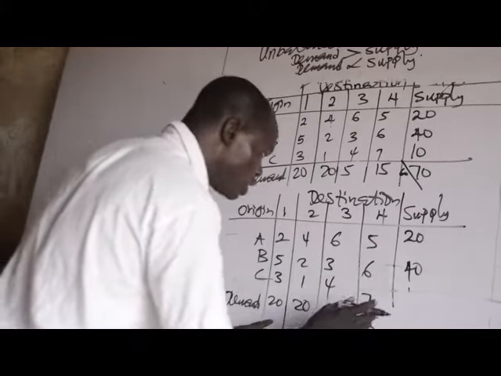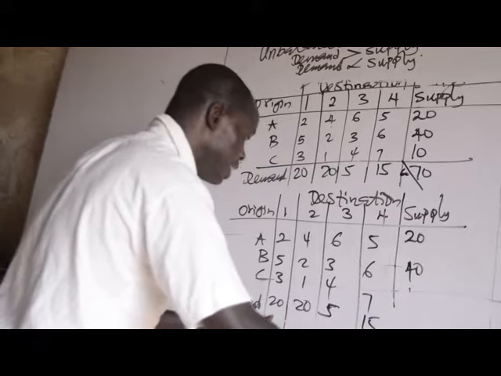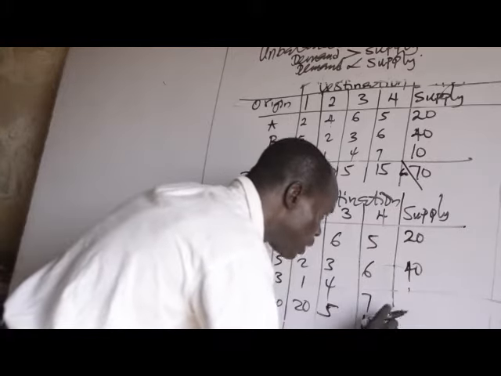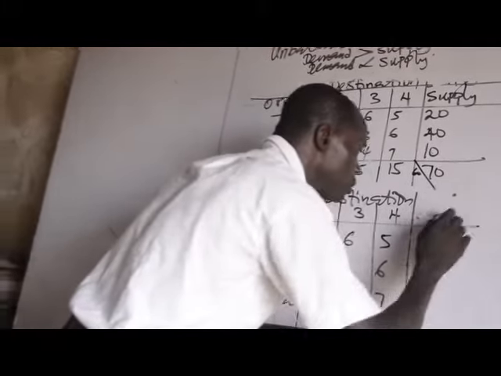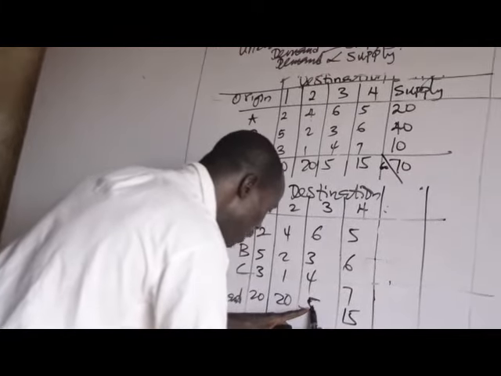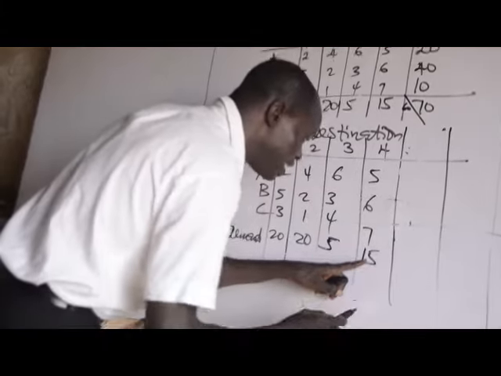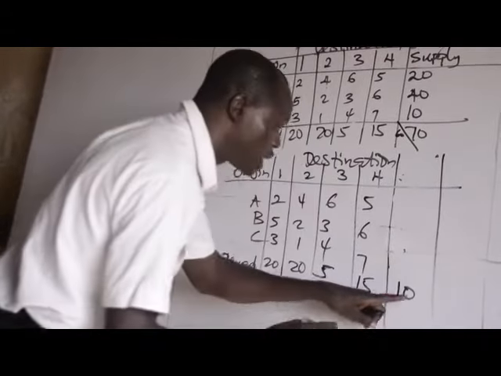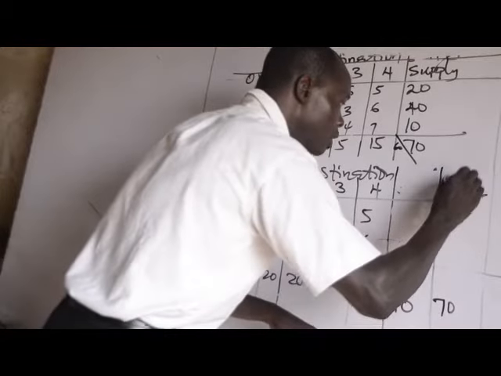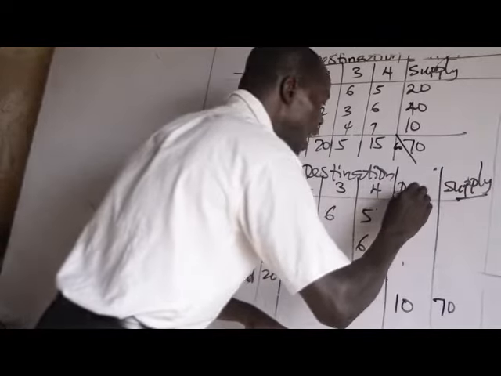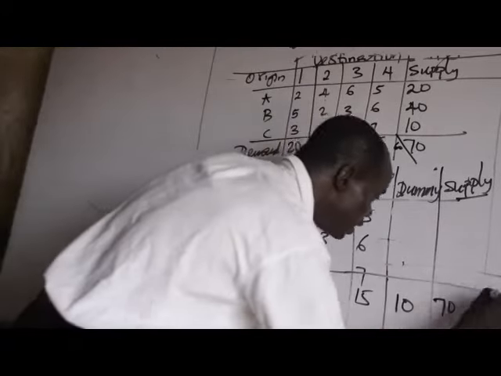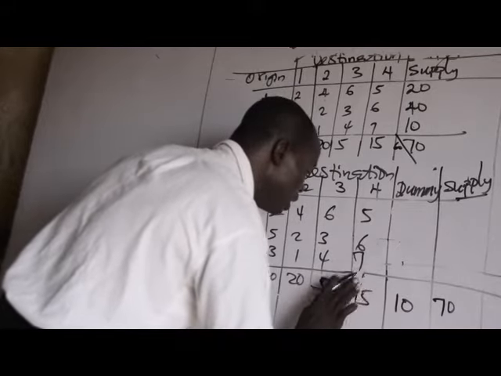But we want this to total 70 as well, so that our demand and supply will be equal. So you need to introduce another 10 here. Let me extend this column. 20 plus 20 is 40, plus 5 is 45, plus 15 is 60. Then we are left with 10. So we introduce 10 here to make it equal to 70. This column will now be the dummy activity. I've told you that the cost of the dummy activity should be taken to be 0.